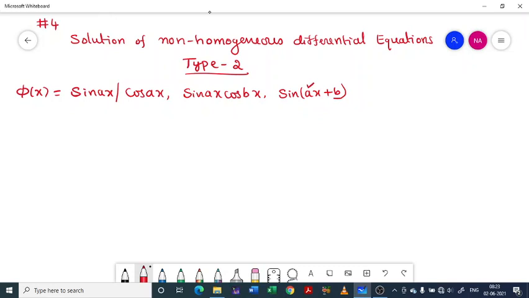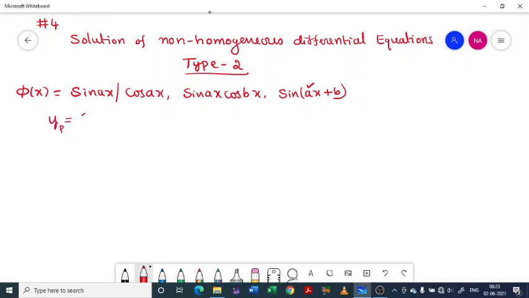So this type is applicable for the differential equations having the right hand term to be either sin ax or cos ax, product of sin and cos, any type of product, then sin of ax plus b or cos of ax plus b, and so on. Only these are considered here. And now let us discuss the method how to solve this, how to get the particular integral yp.